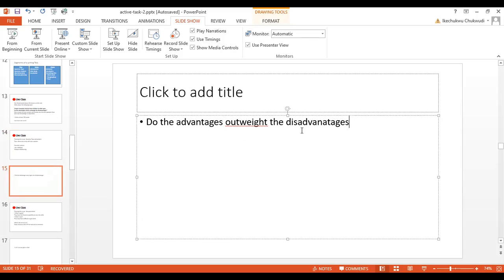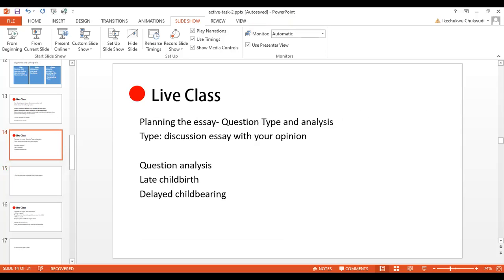So now what this means is that they're asking you, tell us the advantage, tell us the disadvantage, then choose a side, tell us which one you think weighs more. So now you have to have an advantage and a disadvantage. To simplify it as much as possible, it's just saying, does the good outweigh the bad? So does the good of late childbirth outweigh the bad of late childbirth?